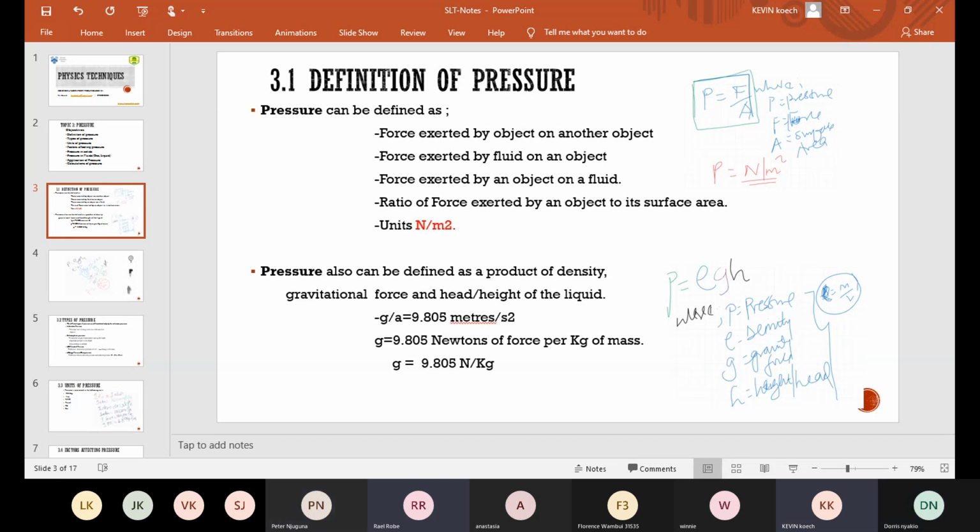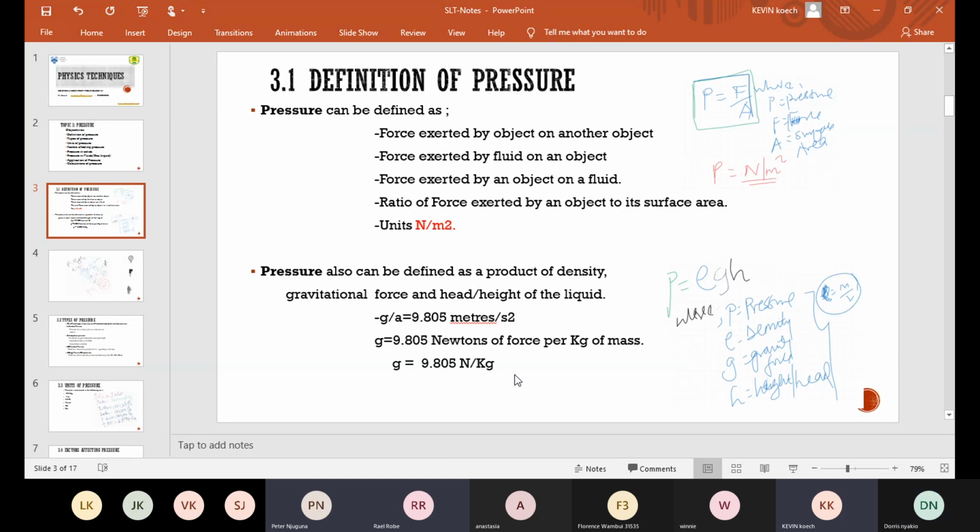But in terms of Newton, 1 kilogram equals 9.8 newtons.